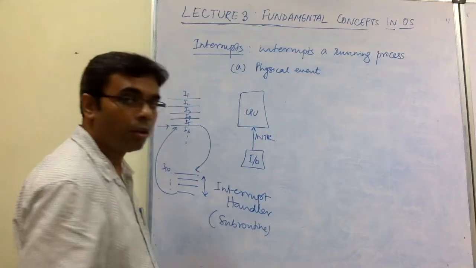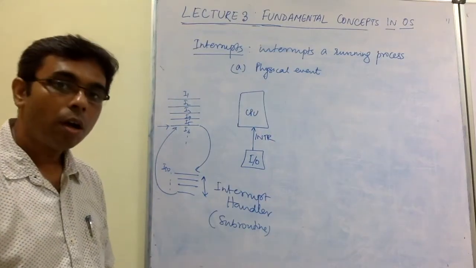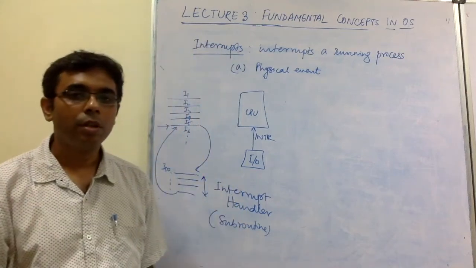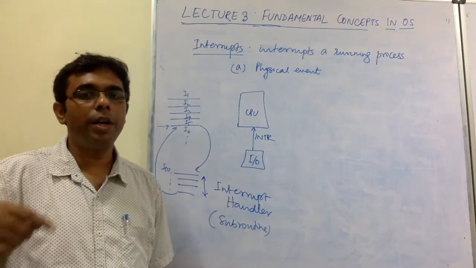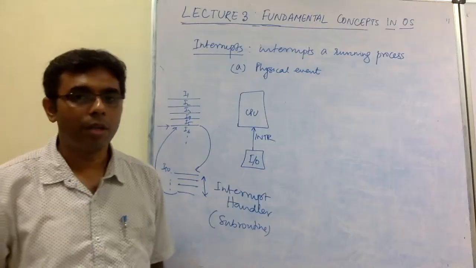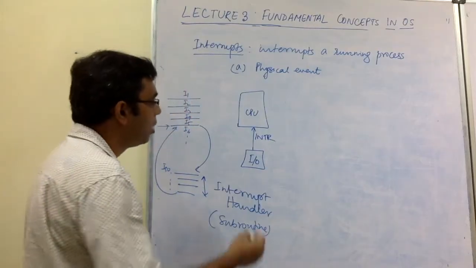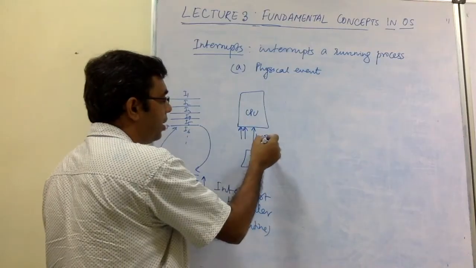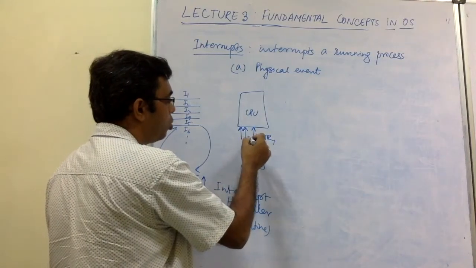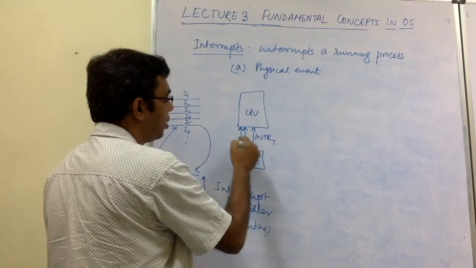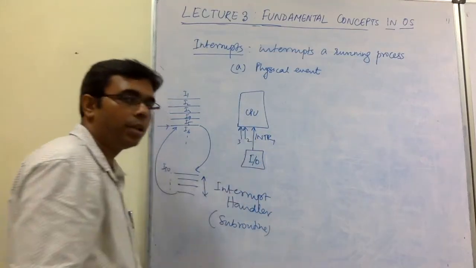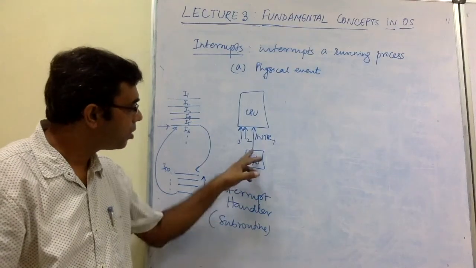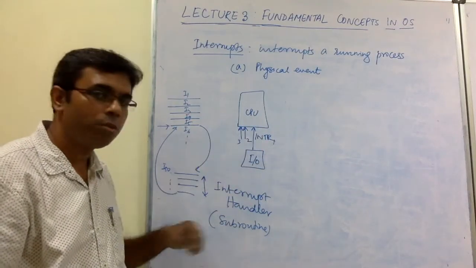Okay. So what happens here is that for different interrupts, there are different locations which are already predetermined. That means a CPU has certain interrupt lines, let's say interrupt line 1, interrupt line 2, and interrupt line 3. For each one of them, it is already predetermined that if there's an interrupt that comes through this particular line, the CPU will be taken to this location.